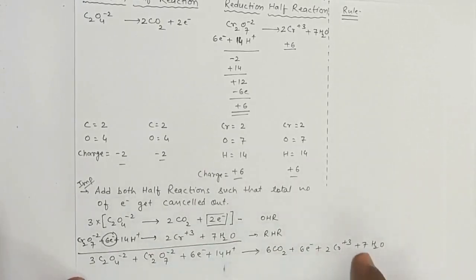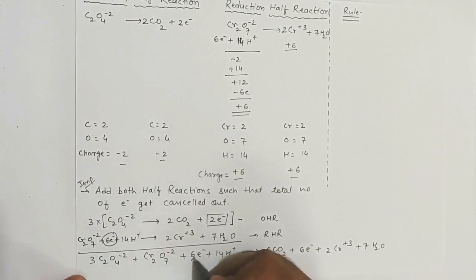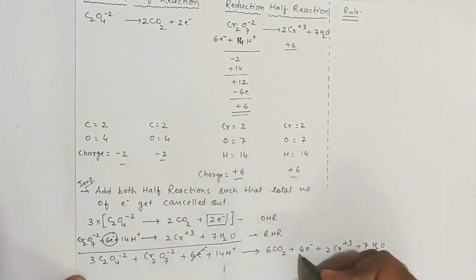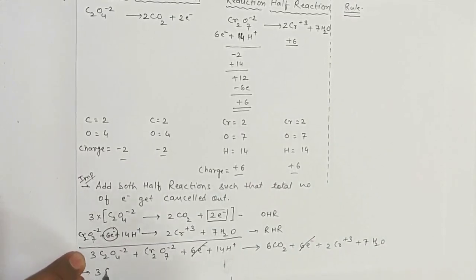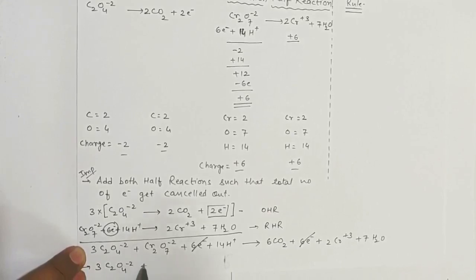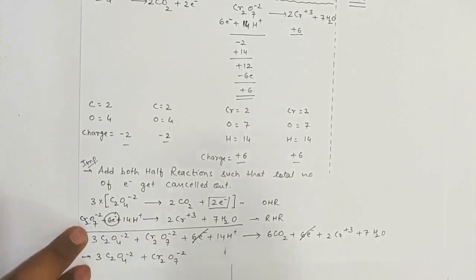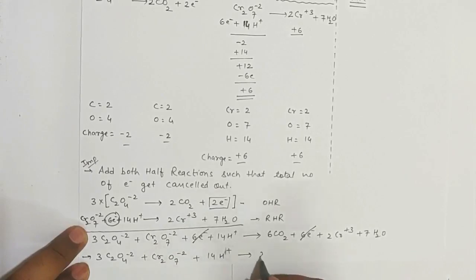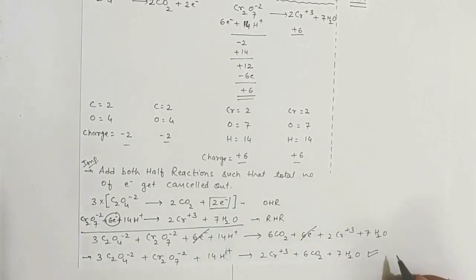Let's cancel out all the common terms present at both the reactant and product sides. So here the 6 electrons are present at the reactant and 6 electrons are present at the product side. So the remaining equation is our final balanced reaction.